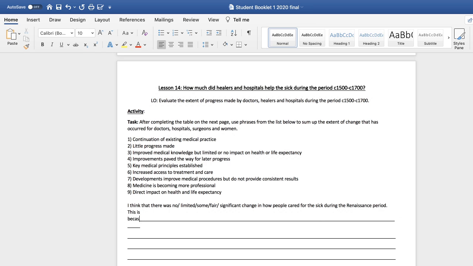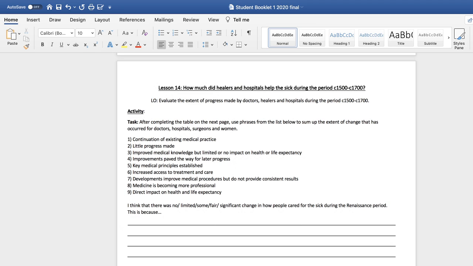This is because, and then think about those phrases. Think about whether you think things have changed a lot or whether they haven't, depending on whichever one you write down.